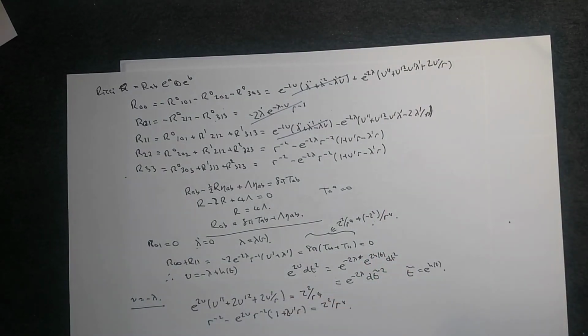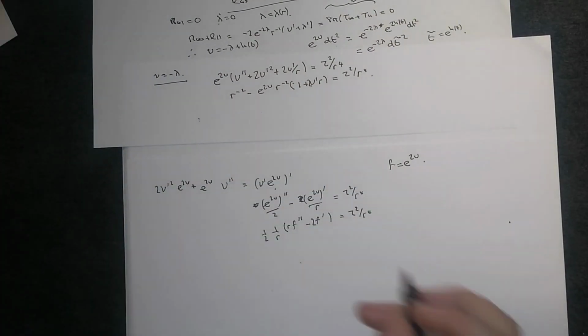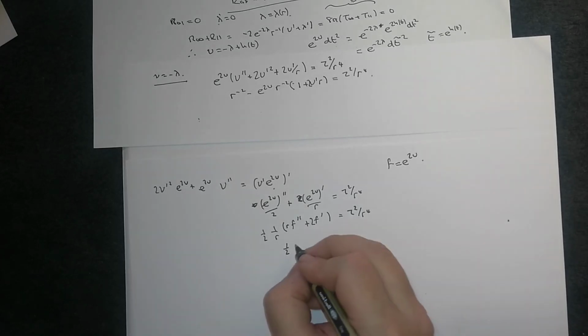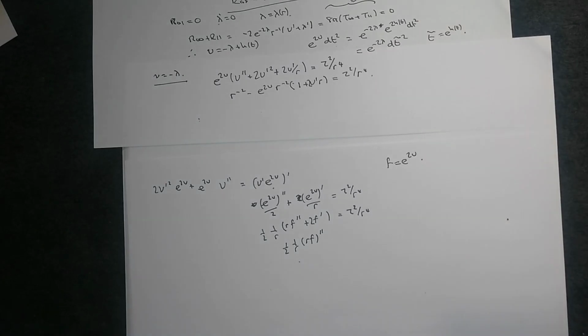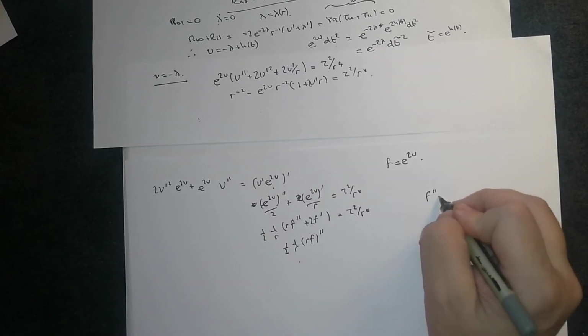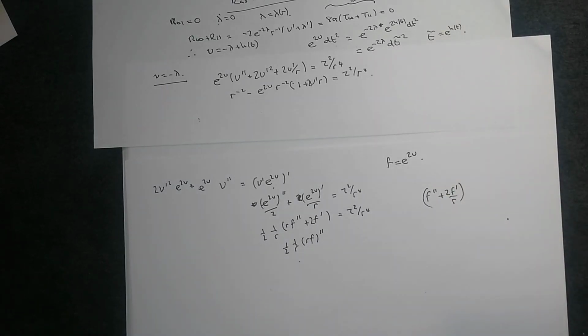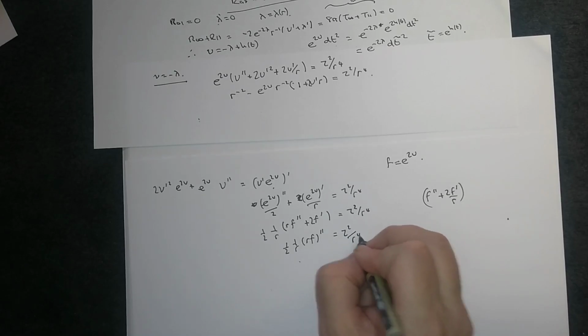So we have that: a half 1 over r times f double primed plus 2 f primed over r. You can recognise that in terms of the Laplacian in spherical polars, the radial component of that. So we have that equal to z squared over r to the 4.